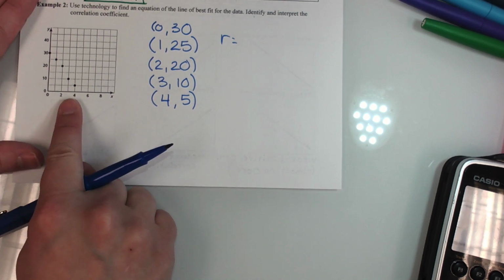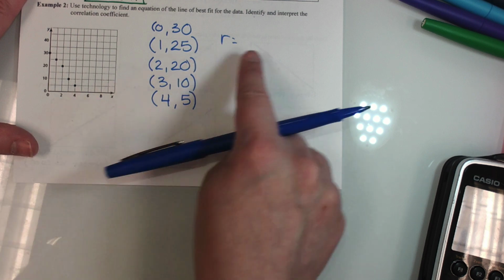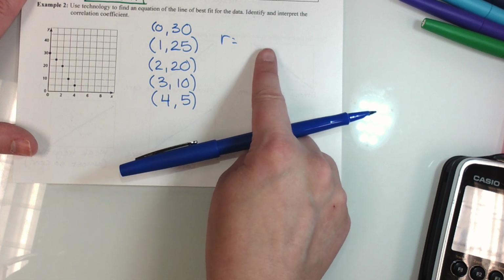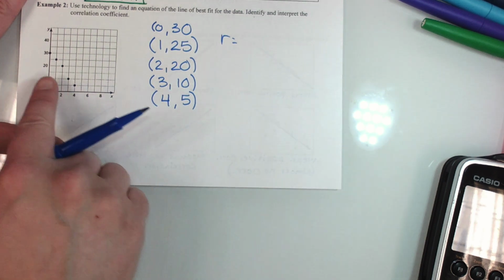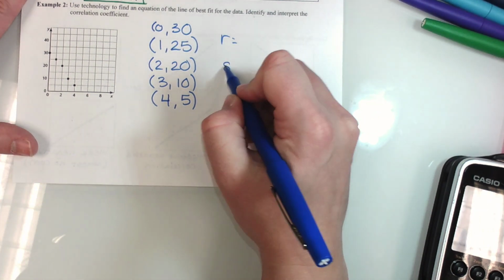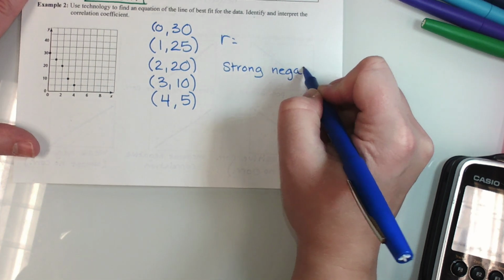Could you probably interpret it by looking at the graph itself? Yeah. So again, if you don't have a graphing calculator, can you tell me exactly what R is? No. I couldn't even tell you what the formula for R is. It's complicated. Could you tell me it's a strong negative correlation? Yes. You're not without information, but that's the interpretation.